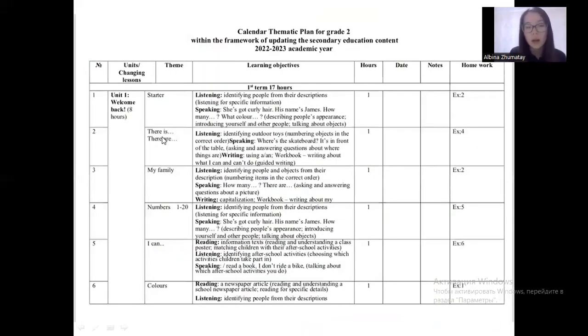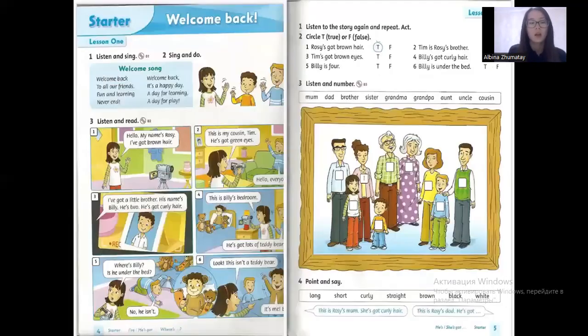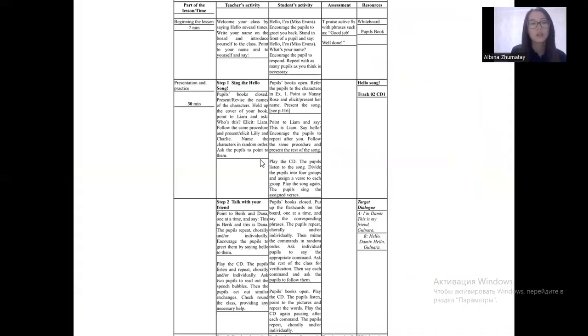For example, your theme will be Zerisera, and the learning objectives will be listening, speaking, and writing. You need to consider only these four skills and create your own tasks. So it will be your home task. If you have any questions, you can ask in our Telegram chat.